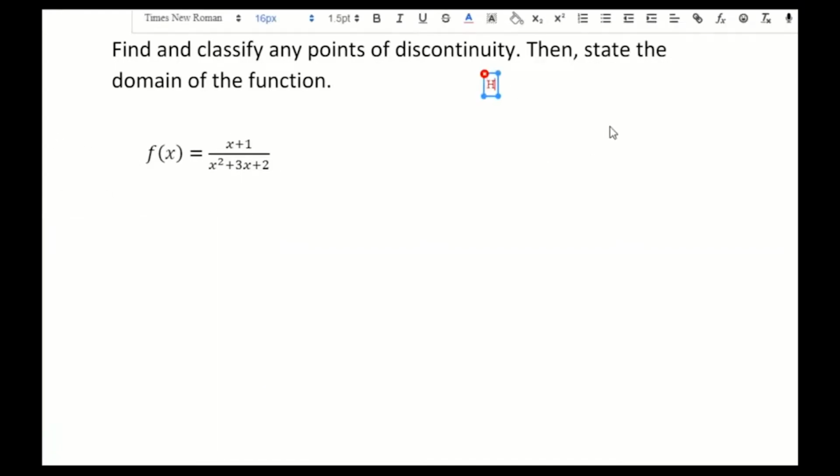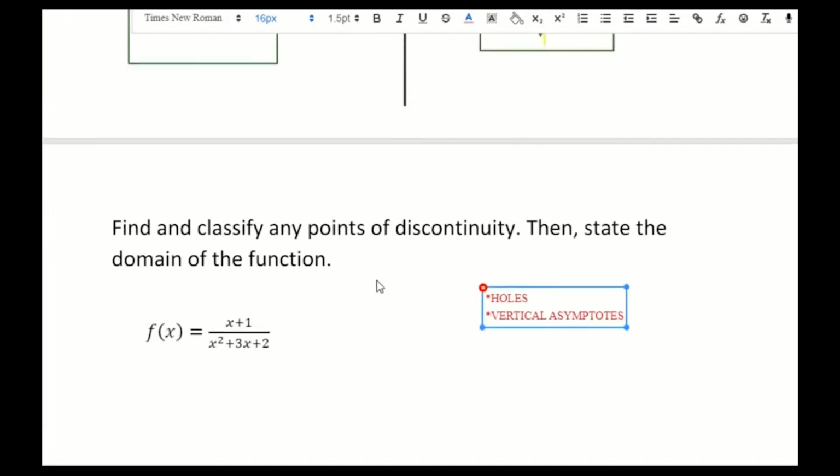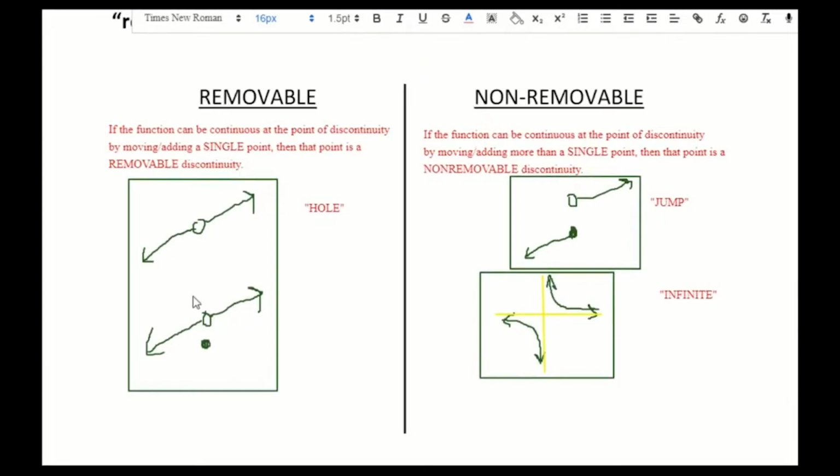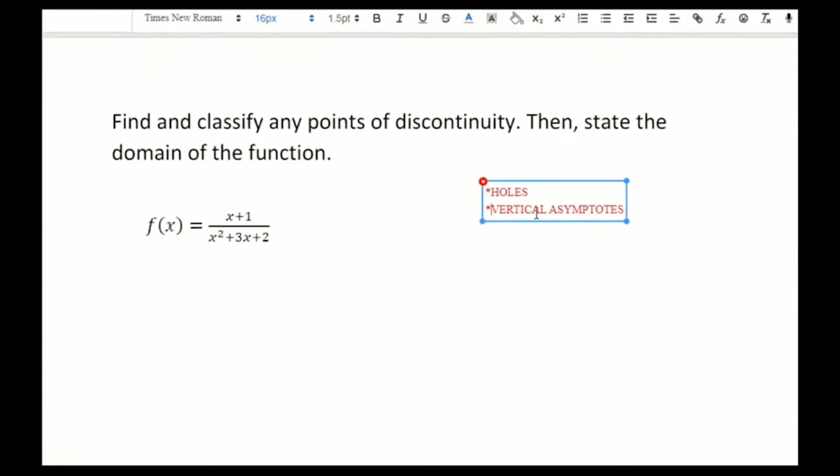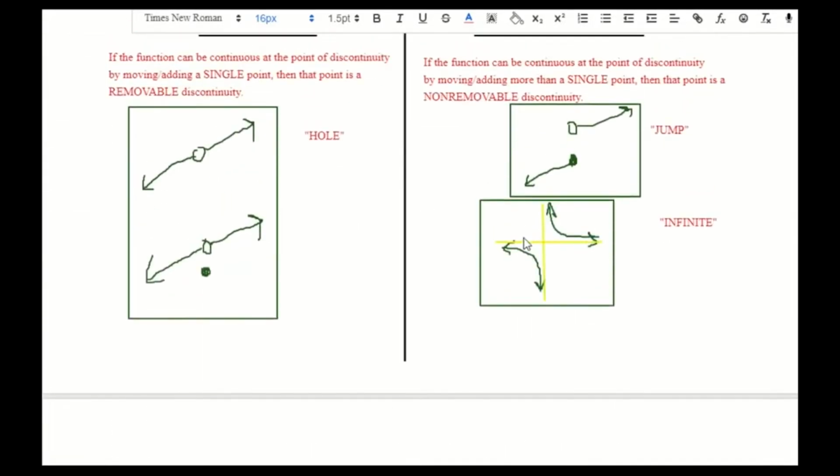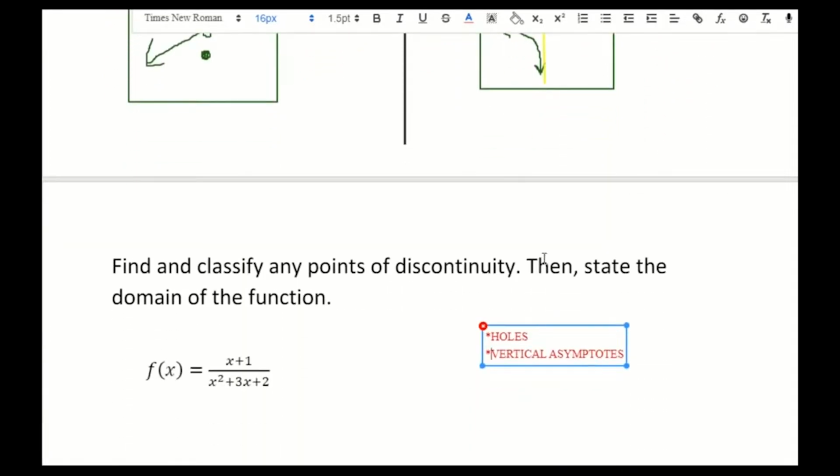We're looking for holes, and we're looking for vertical asymptotes. So anytime we have an x value that we have a hole at, that's going to be a point of discontinuity, and we're going to classify it as a removable discontinuity. And anytime we have a vertical asymptote, like this one, then that is going to be a non-removable discontinuity.